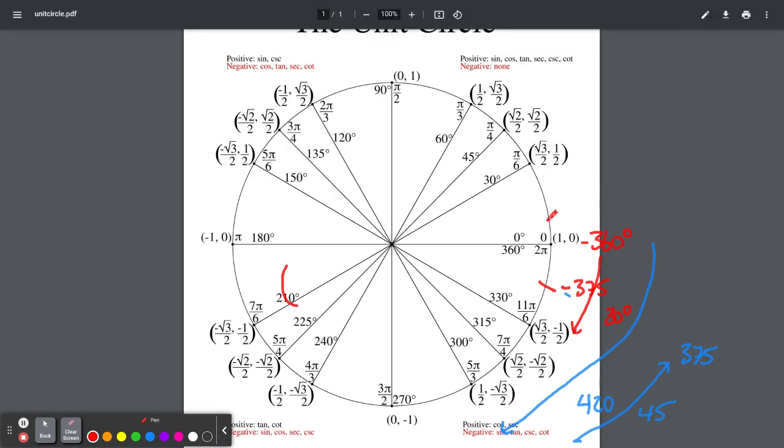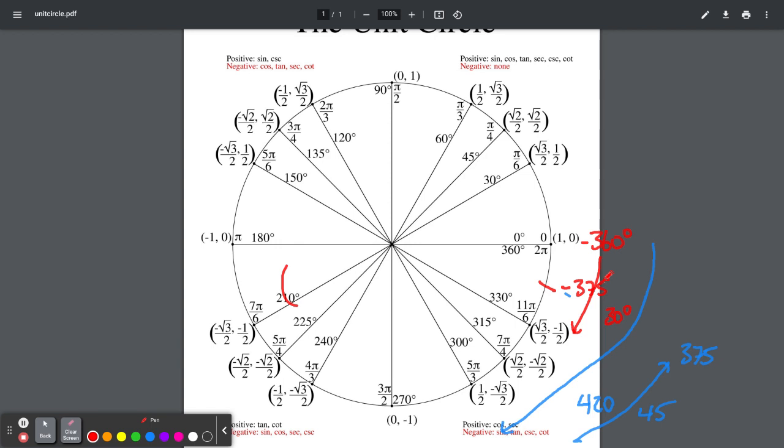So I start at 0. I go in the negative direction. I go around 360. I figure out that negative 375 is going to be someplace right in here, basically halfway between the 360 and the next pi over 6 right there. So that's my 375. But now I need to figure out what combination of two common angles will get me there.